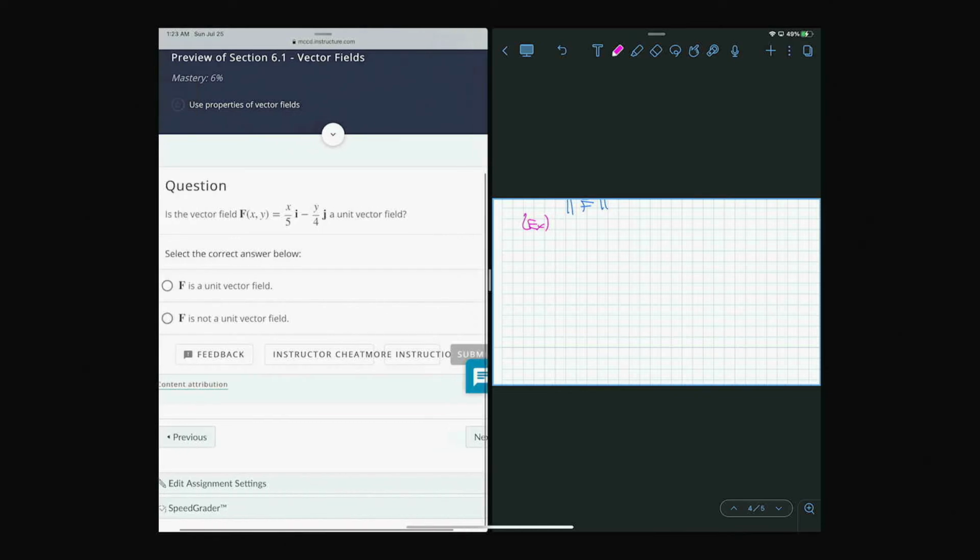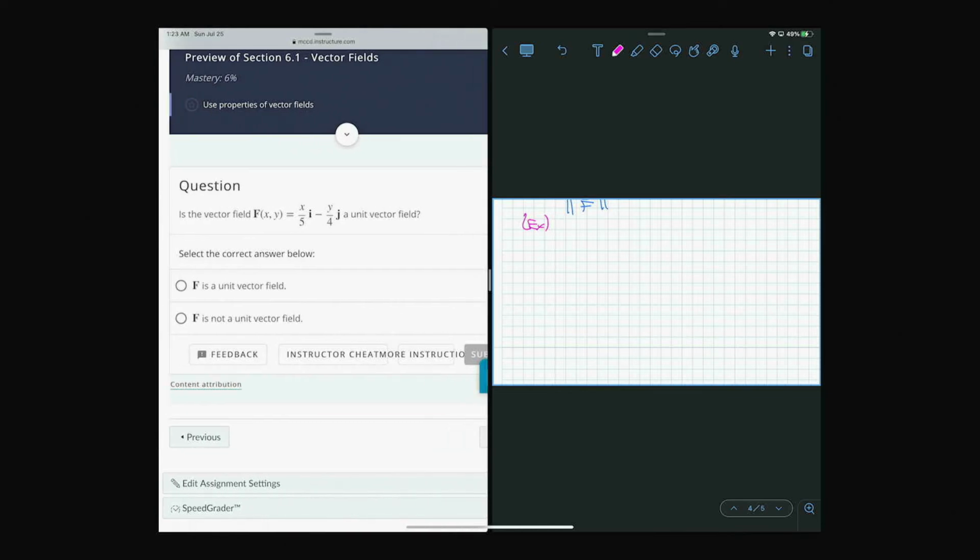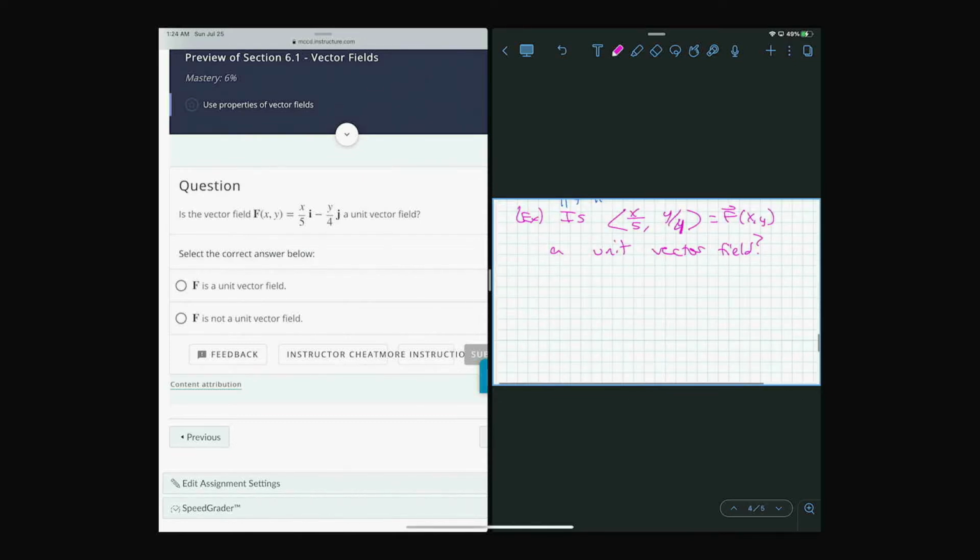So, let's try this one here. This one's not a unit vector field. We'll see why momentarily. It's x over 5, y over 4. Is f of x, y a unit vector field? Let's see. So you just do this.